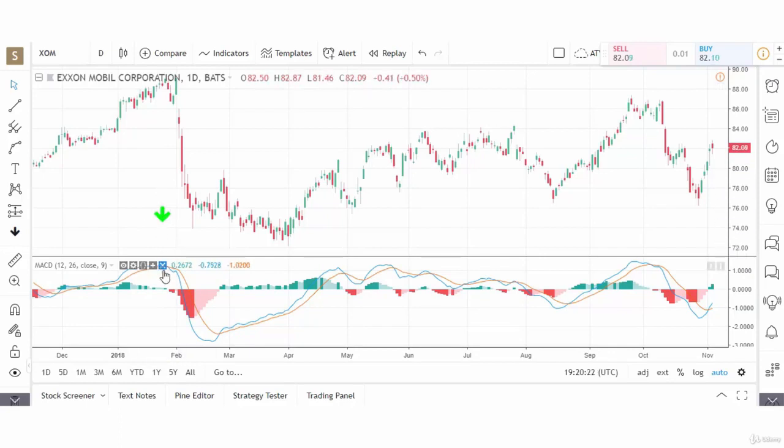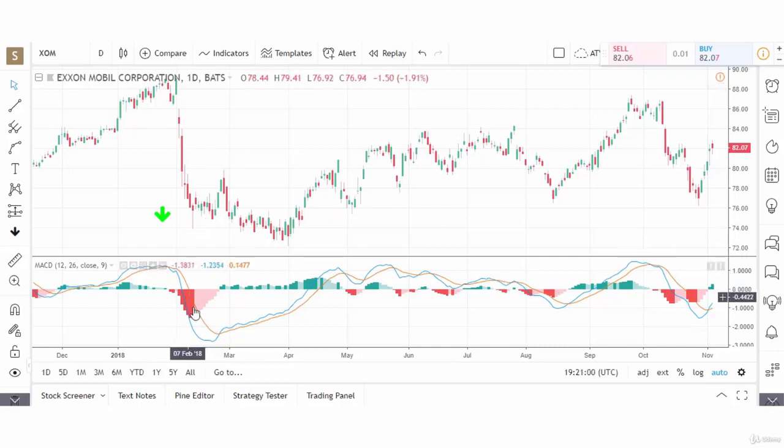So we had a cross of the MACD, which is in overbought territory at this point, to the downside, and then the stock drops. So with this cross, we may have sold our position, or at a minimum tightened our stops, and been prepared for a reversal in trend from a bull trend to, at a minimum, a consolidation pattern, but the stock actually went into a bear trend.